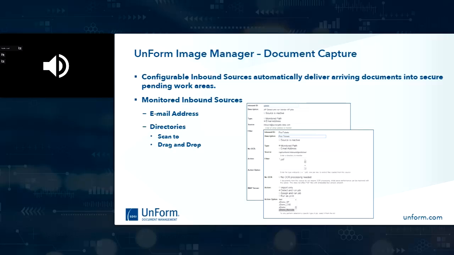So if you're getting customer purchase orders in to the CSR's email address, the CSR can forward that email or that purchase order to one of those monitored sources to get that customer's purchase order into the system, into the archive for storage and retrieval. And again, it'll be linked back to all the other documents in that particular transaction.